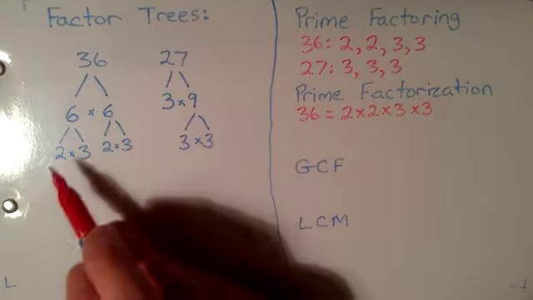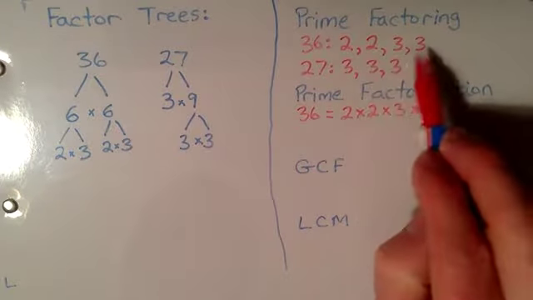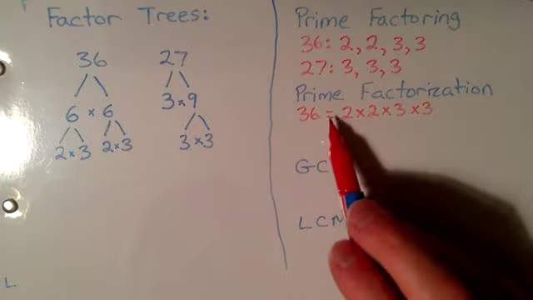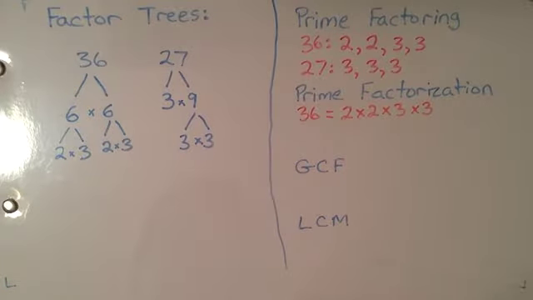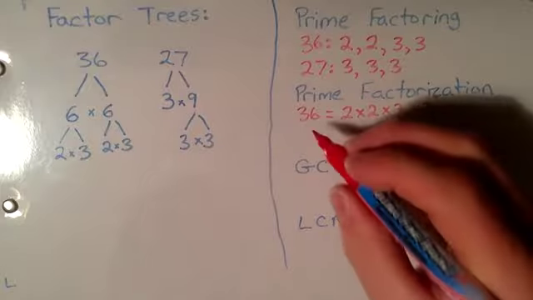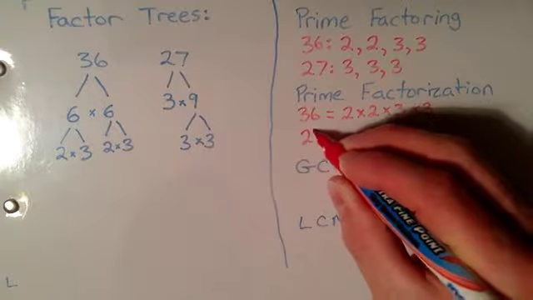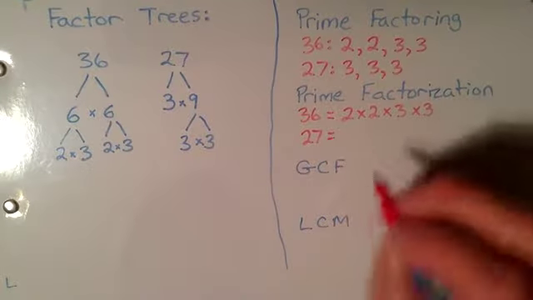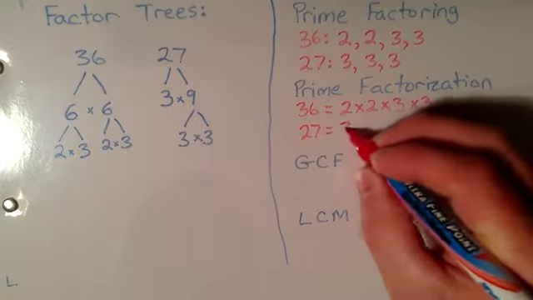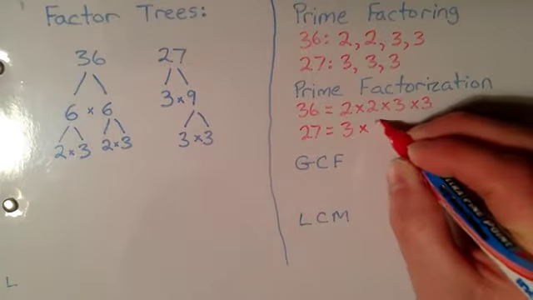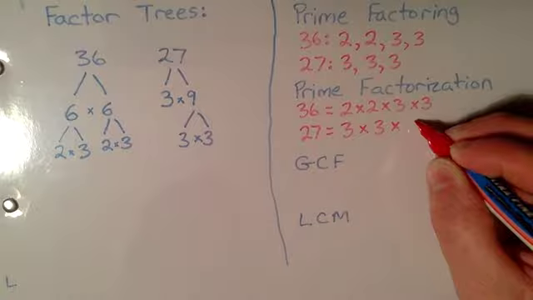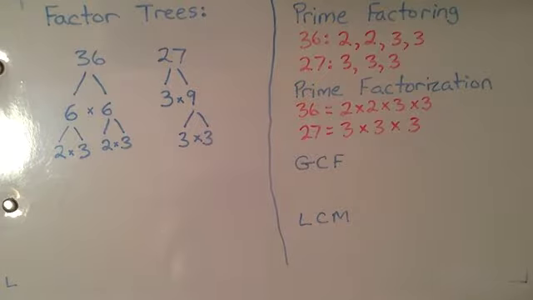We're using those exact same numbers as we're using here. You just write it with the equal signs and the multiplication symbols. Now for 27, you write 27 equals 3 times 3 times 3. Now we've done our prime factoring and our prime factorization.